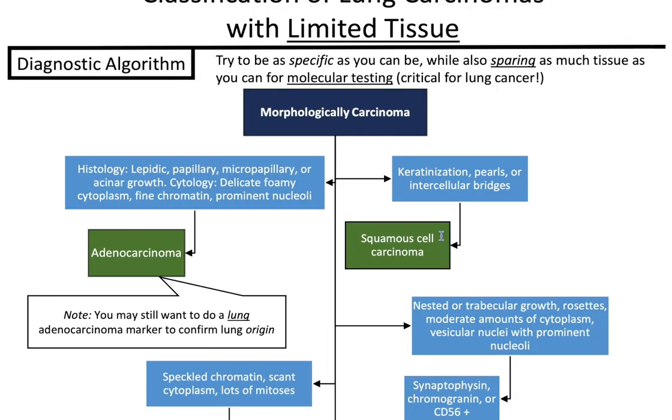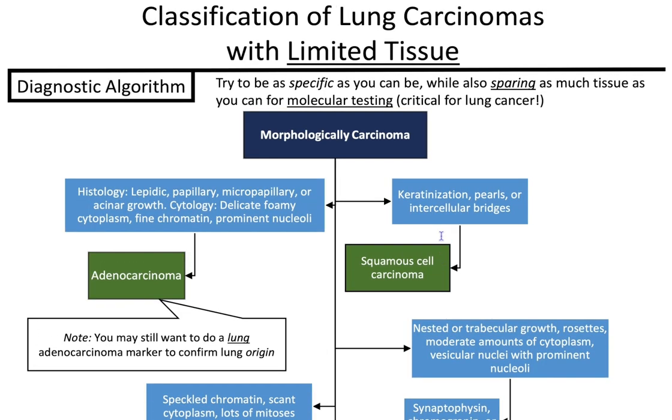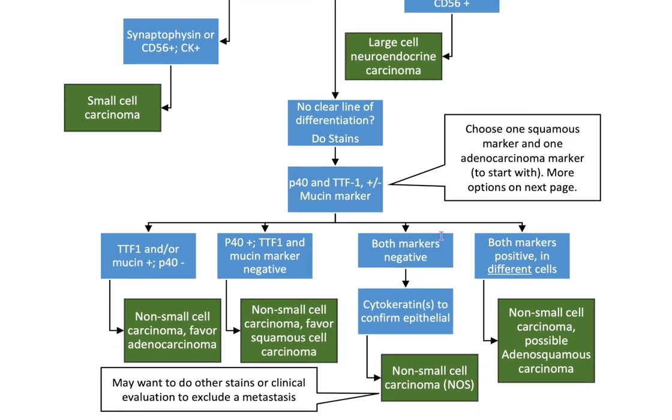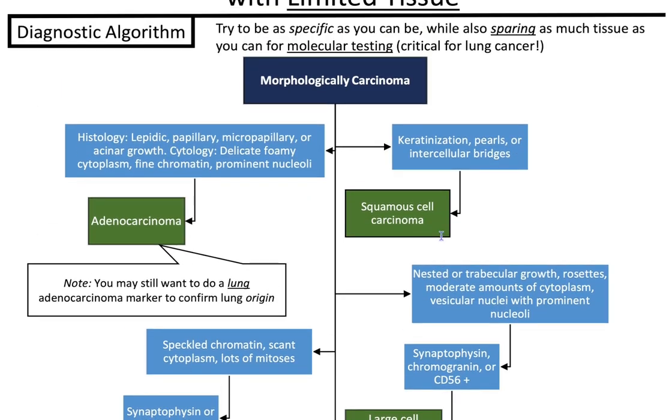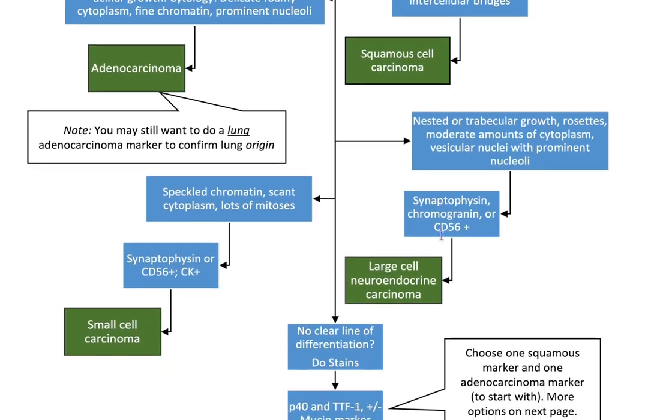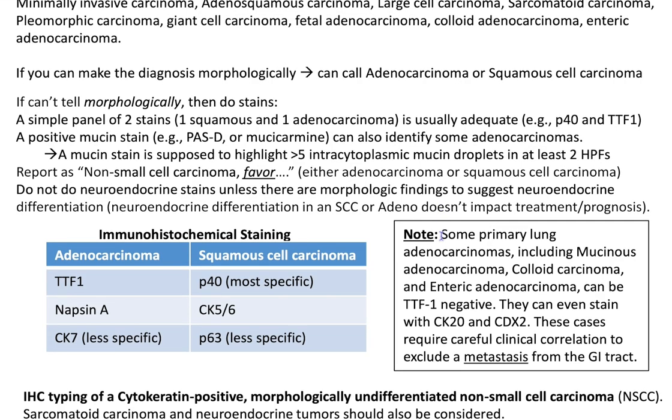Here is a great diagnostic algorithm that Dr. Schaberg provides, and this will be here just for your reference, and make sure to check it out. Again, adenocarcinoma, get your TTF1 napsin. If you're thinking squamous cell carcinoma, get your P40 plus or minus CK5/6.